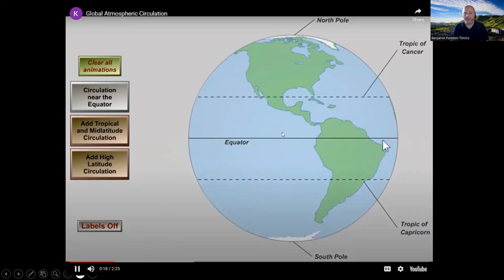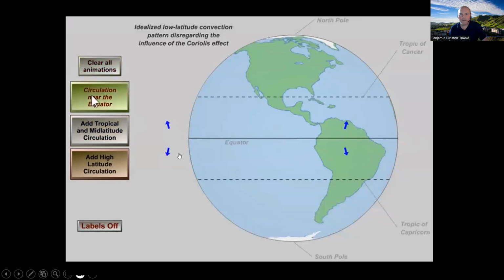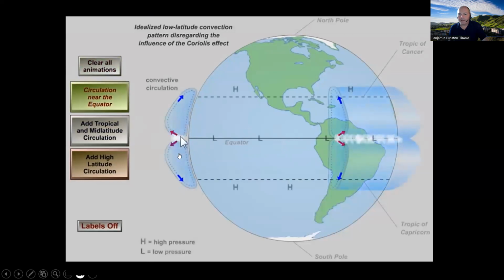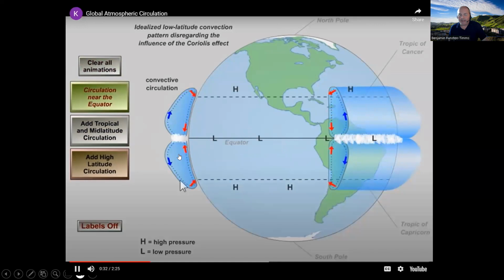So intense heating of the equator. So it rises up, creates precipitation, and it rises to the poles on either side, and then it sinks when it's warm, about 30 degrees north and south latitude.